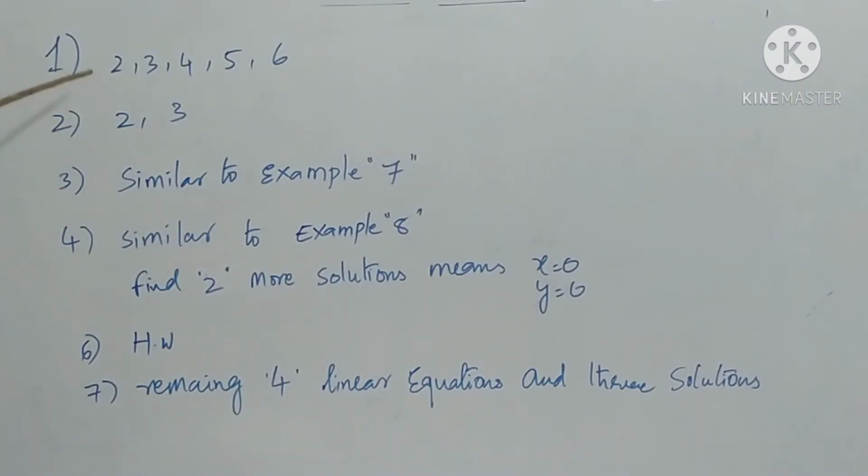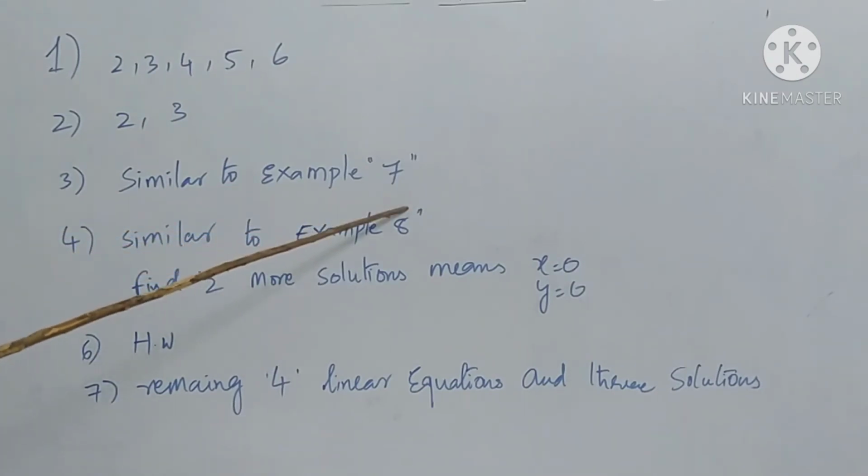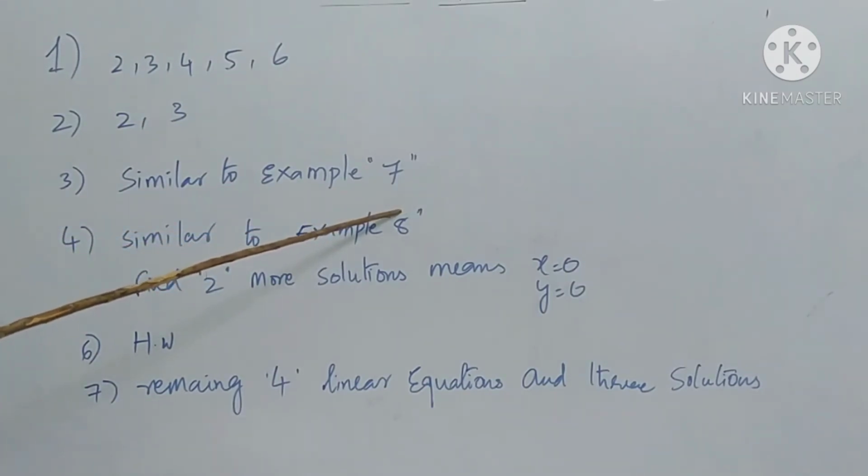This is your HW. In first Roman, exercise 6.2, problems 2, 3, 4, 5, 6, and second one, third one. Third one, this Roman is similar to our example 7. Try yourself.